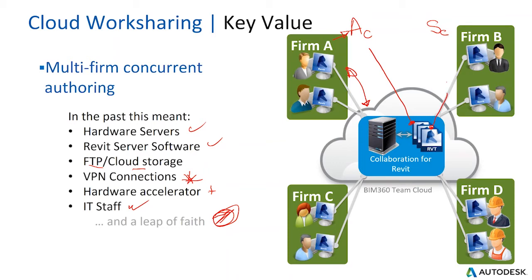And then in return, the architects could actually grab that structural file and link it into their central file. So you could do that, or, best case scenario, if you want the utopian, you could all work as multiple firms, multiple disciplines on a total of fewer central files. For example, maybe the architects and structural engineers get along quite well because they've been working together for a number of years.